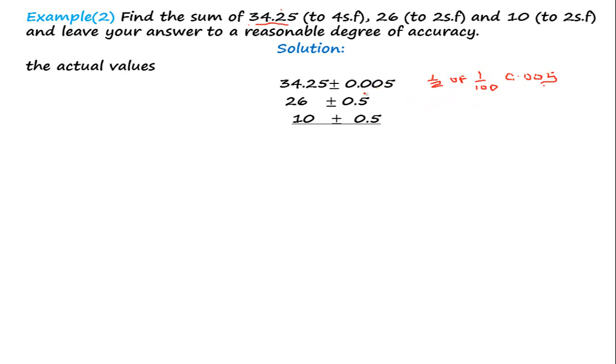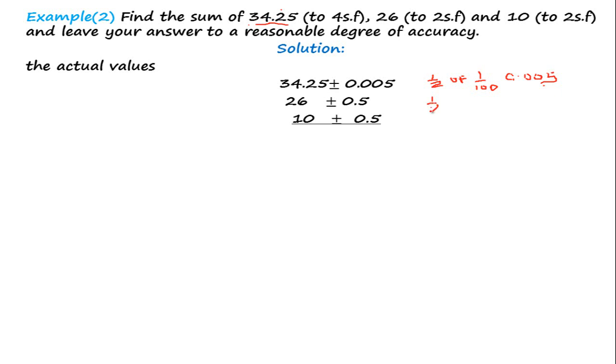That's why we get 0.005, because you are dealing with accuracy. This is the maximum error that is allowed, that is the absolute error for 34.25. That's why it is plus or minus this. It either reduces by this number or increases by this number. And 26 is a whole number.